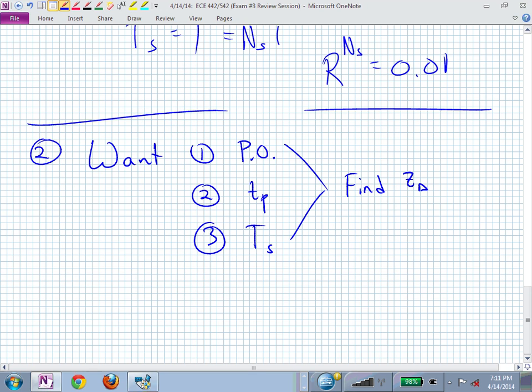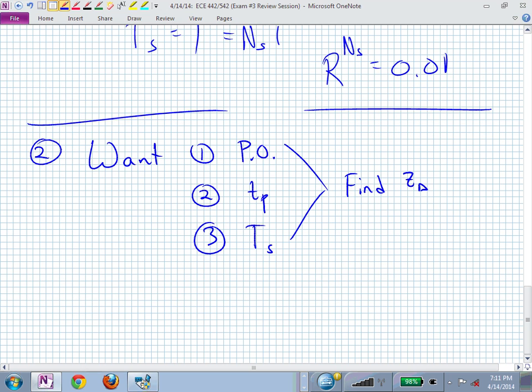Find a Z sub delta. And now you need to find this intersection of three potentially inconsistent constraints, but hopefully you can find a region in the Z-plane where they are consistent.